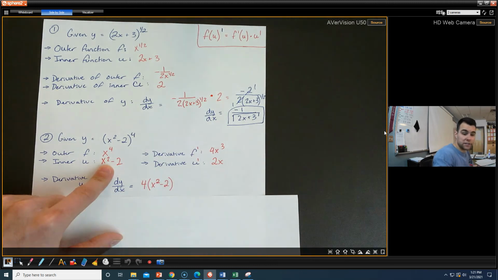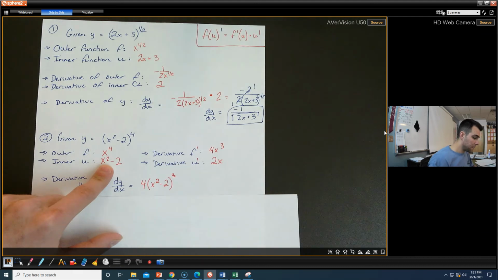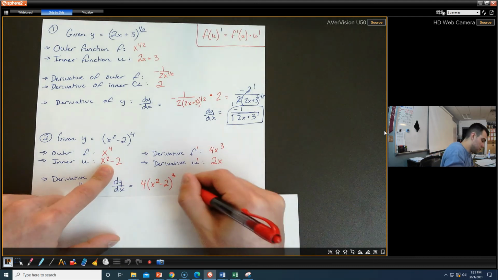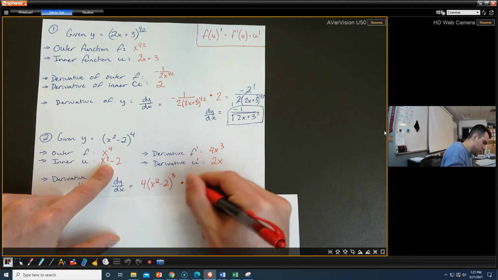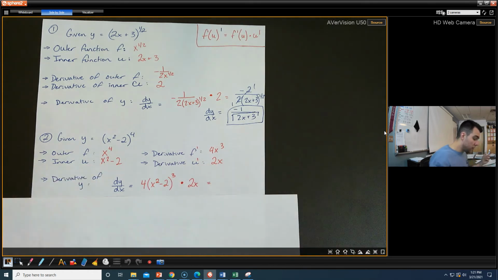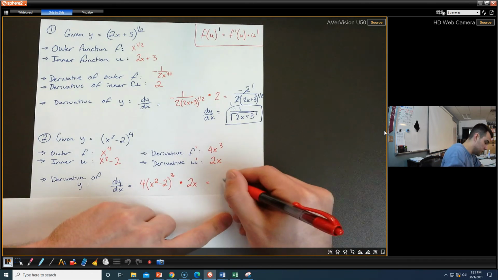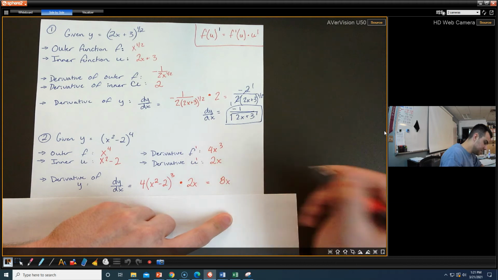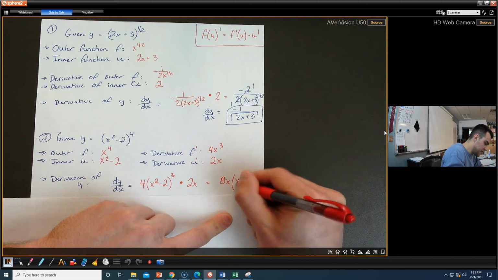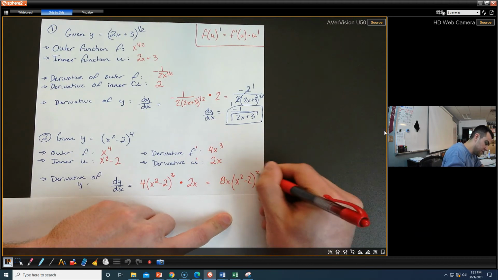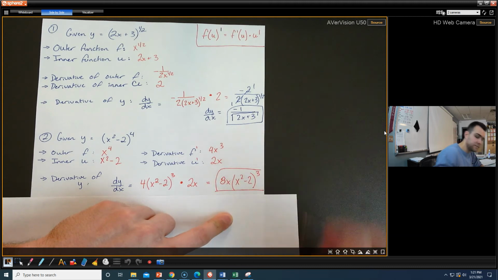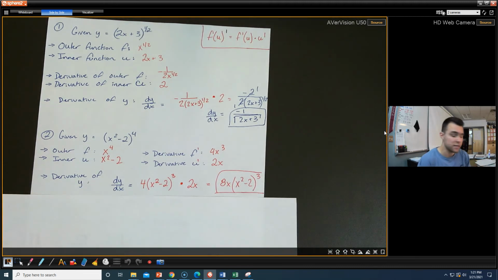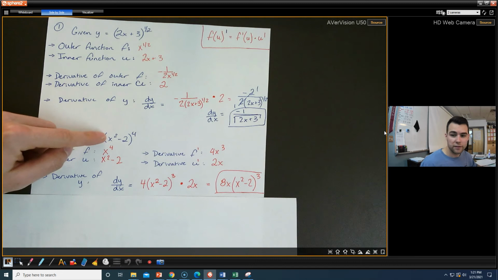And that whole thing is getting raised to the 3rd power. And then I have to multiply by u prime, which is this 2x. So putting it all together, dy dx is equal to 8x times x squared minus 2 raised to the 3rd power. Just simplifying it out. Okay, that guy is a derivative of that guy.